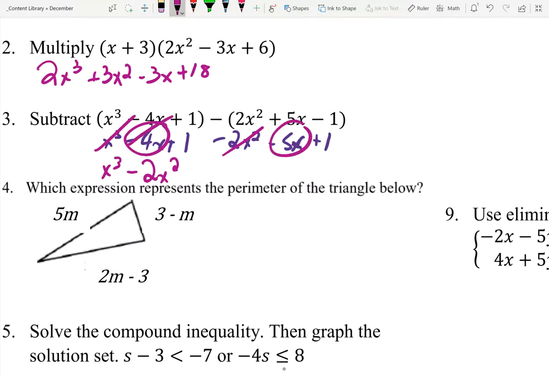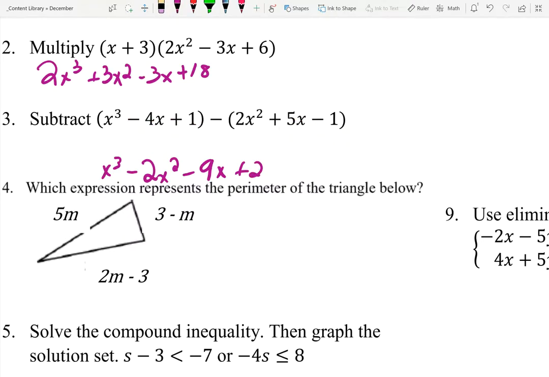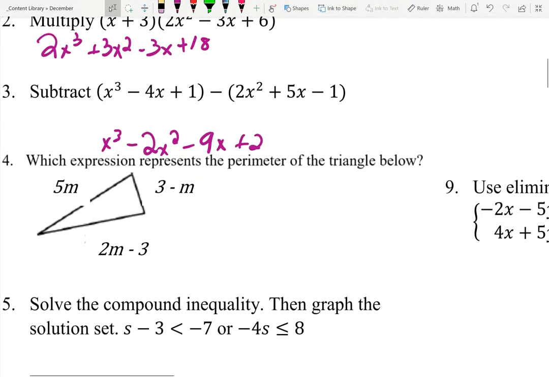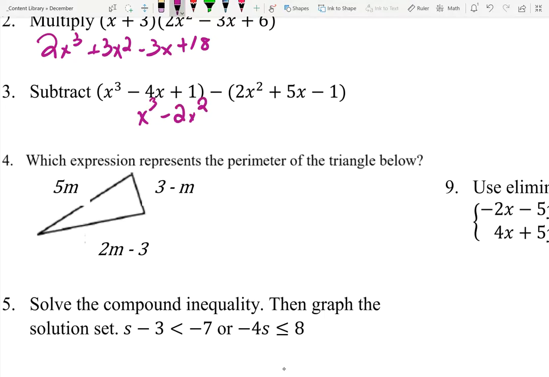So we can combine those. -4 and -5 combine to make -9x. And then we have a +1 and +1, which means +2. So there's our final answer. Just remember to distribute the negative. That's the main thing there. And then just combine like terms. Let me write that a little higher up. x to the third minus 2x squared minus 9x plus 2.